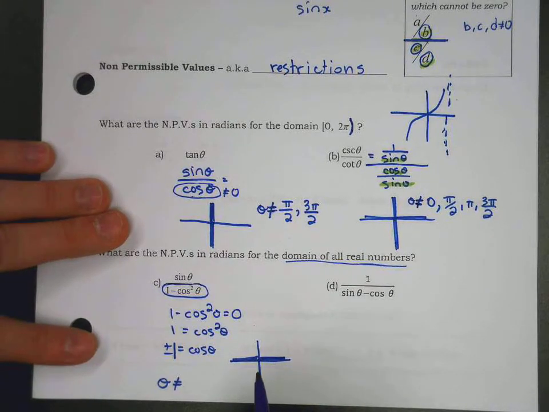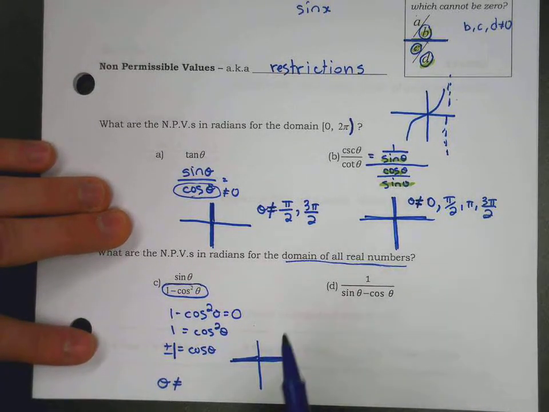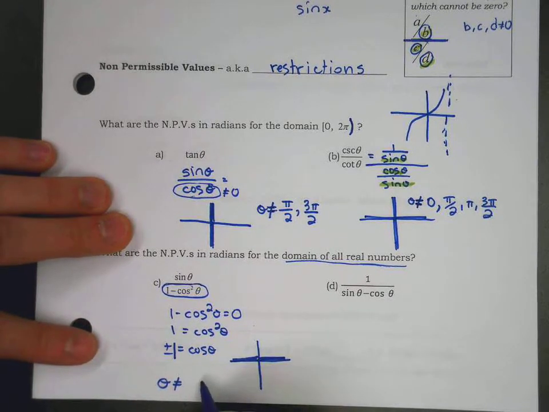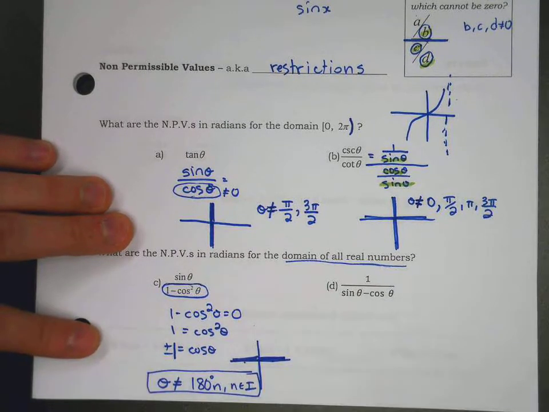We're talking about not a solution to an equation, but a restriction as an equation. So theta is not allowed to be 0, 180, 360, 540, 720, and every multiple of 180. This is your restriction on theta.